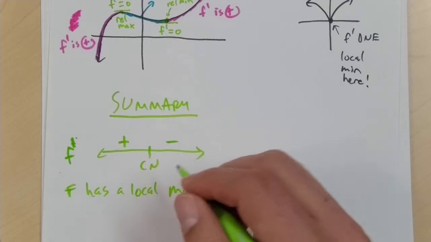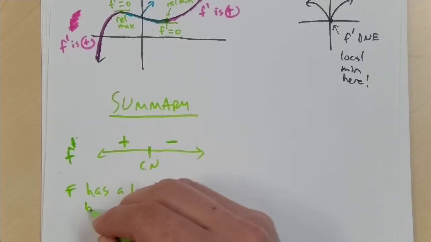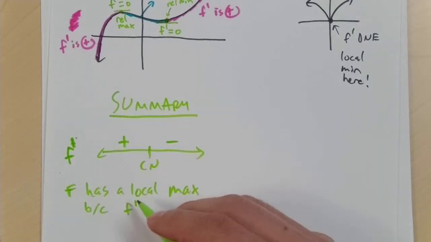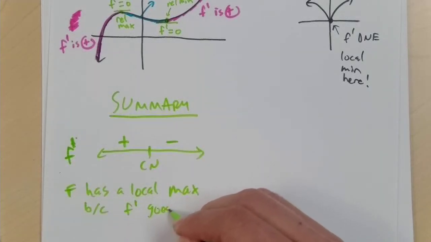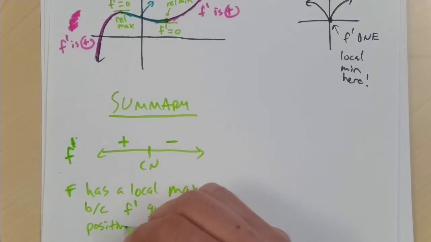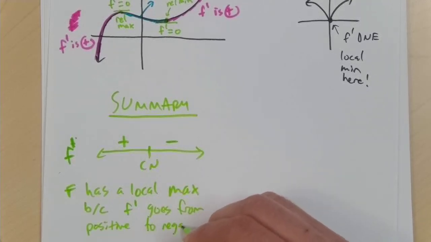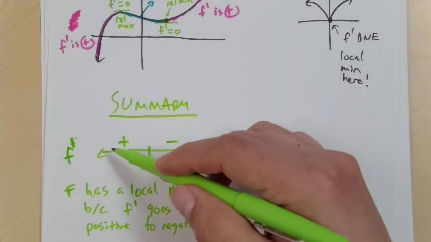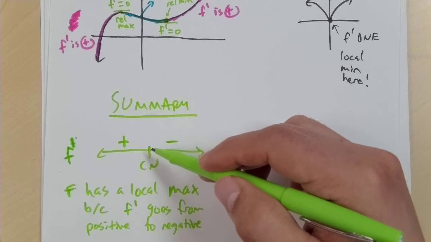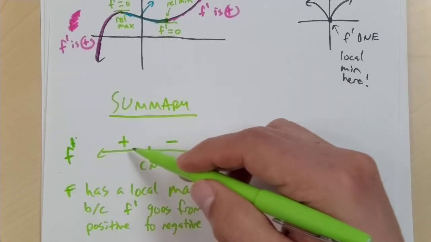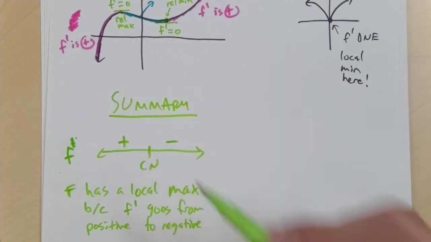And we would say that because the derivative, f prime, goes from positive to negative. So for this sign chart, we can interpret that we have a relative or a local max at whatever this critical number is because the derivative of f changes from positive to negative at this critical number.